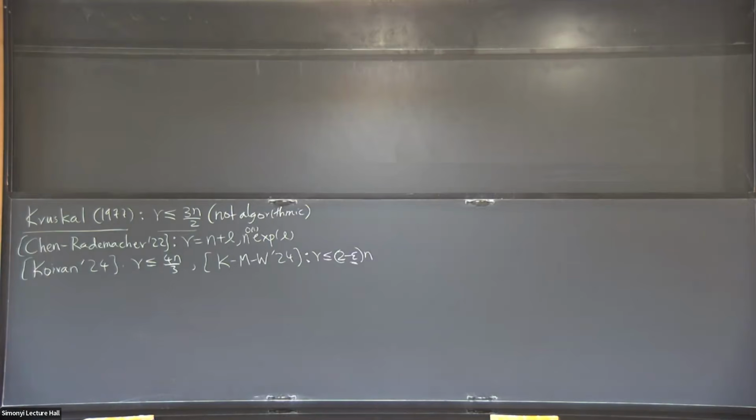I guess the paper said 8n, but you can refine the analysis to 6n. So 6n is a lower bound on the kind of tricks I'm going to use today.